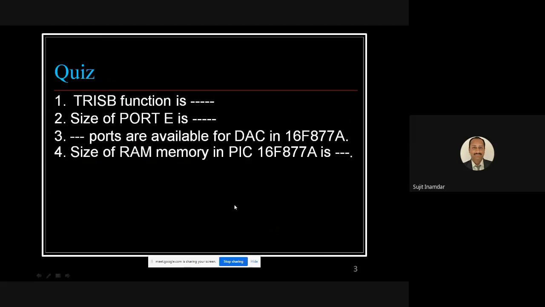Before going for that, the same way, the quiz, a few questions I have selected. So immediately or as fast as possible, you just give the answers so that we will move ahead. Just take 1 minute. Santosh Khilari, give the answer in the chat box.